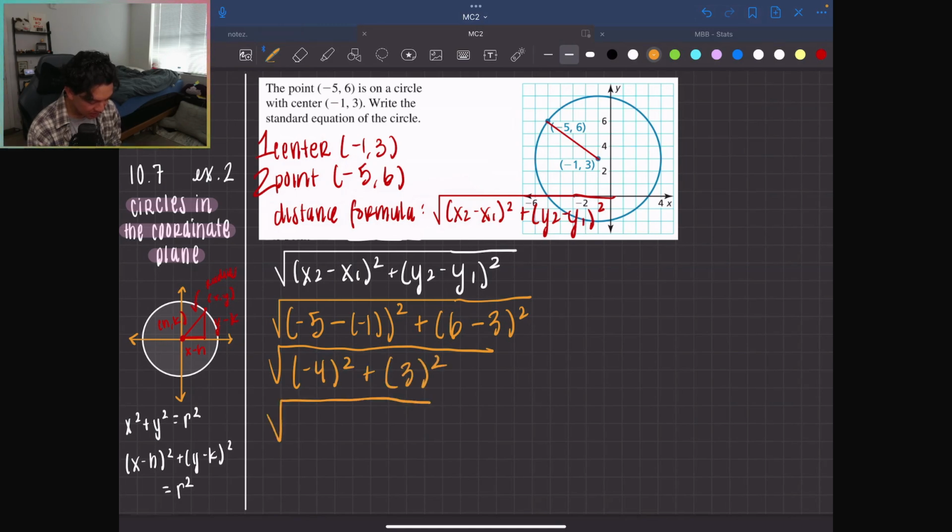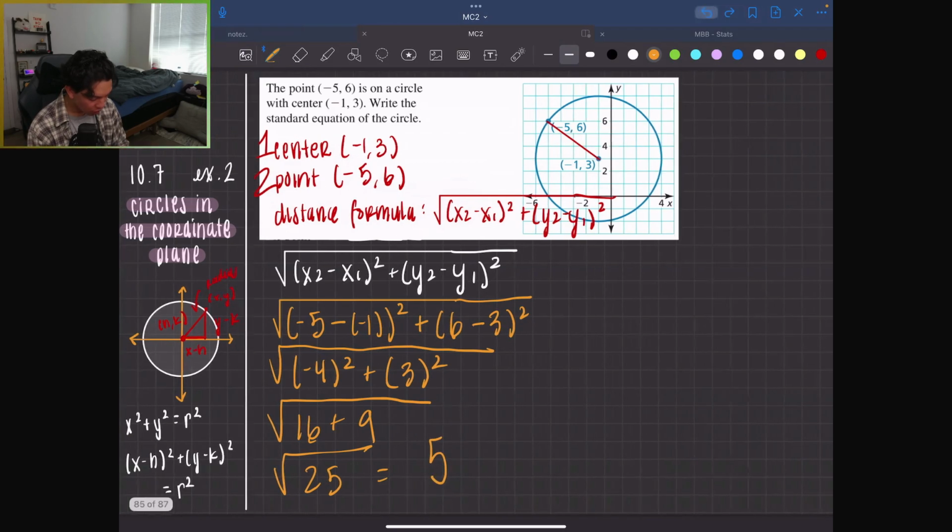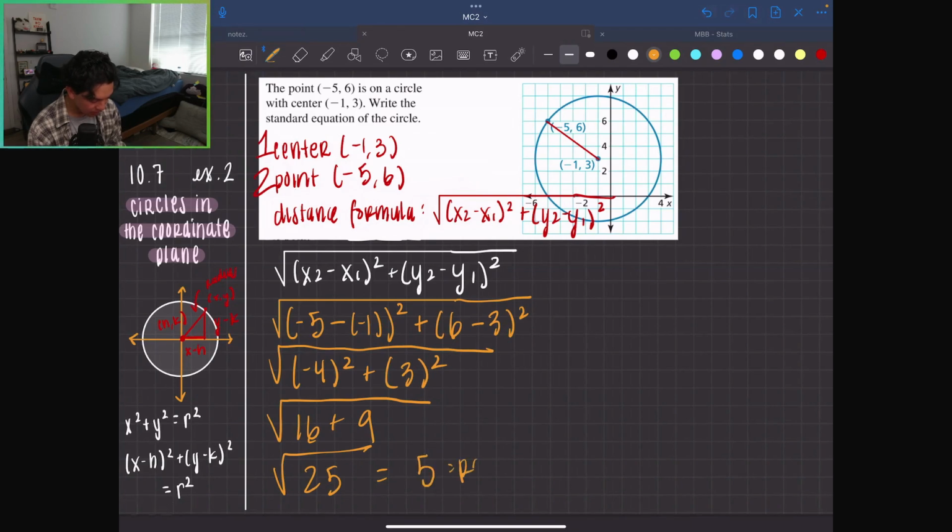And we are almost done. So -4 squared is 16 plus 3 squared is 9. And the square root of 16 plus 9 is the square root of 25, which is plus or minus 5. But you know how we can't have a negative distance. So we're just going to defer to, or just become 5, okay? So our radius is 5. This is our radius. So let's put that off to the side. We know that our radius is 5 units.